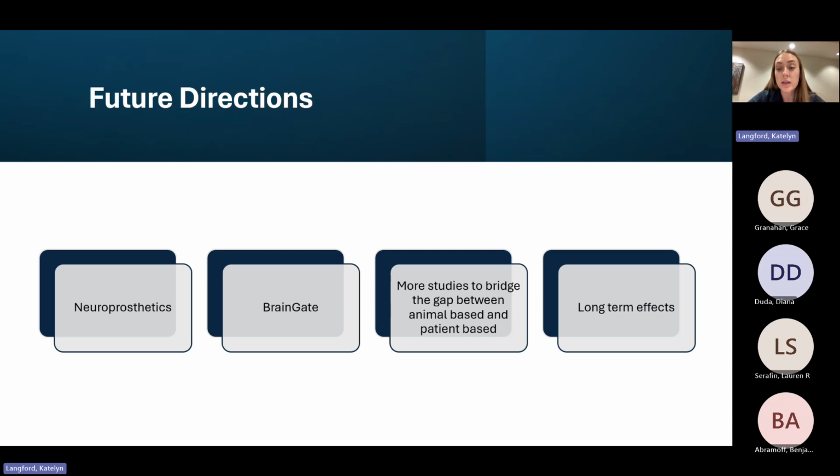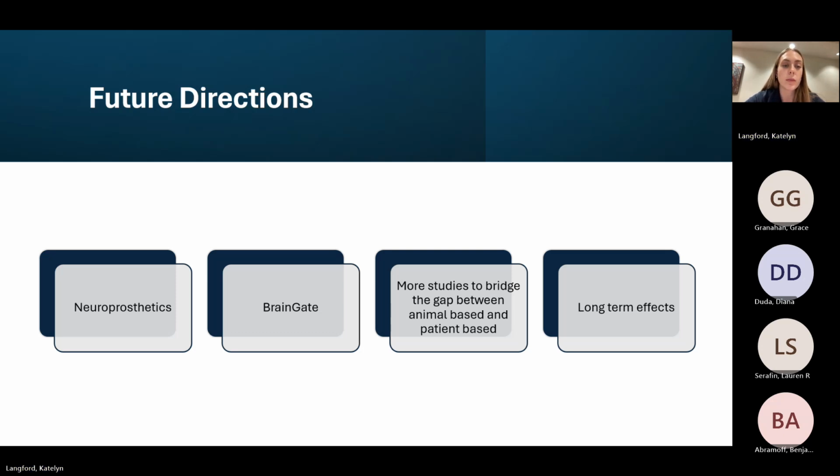There's been a ton of animal studies, but bringing that forth with more human studies would be super beneficial. We've been really good at studying these short-term and in animal models, but we certainly need some long-term carryover.